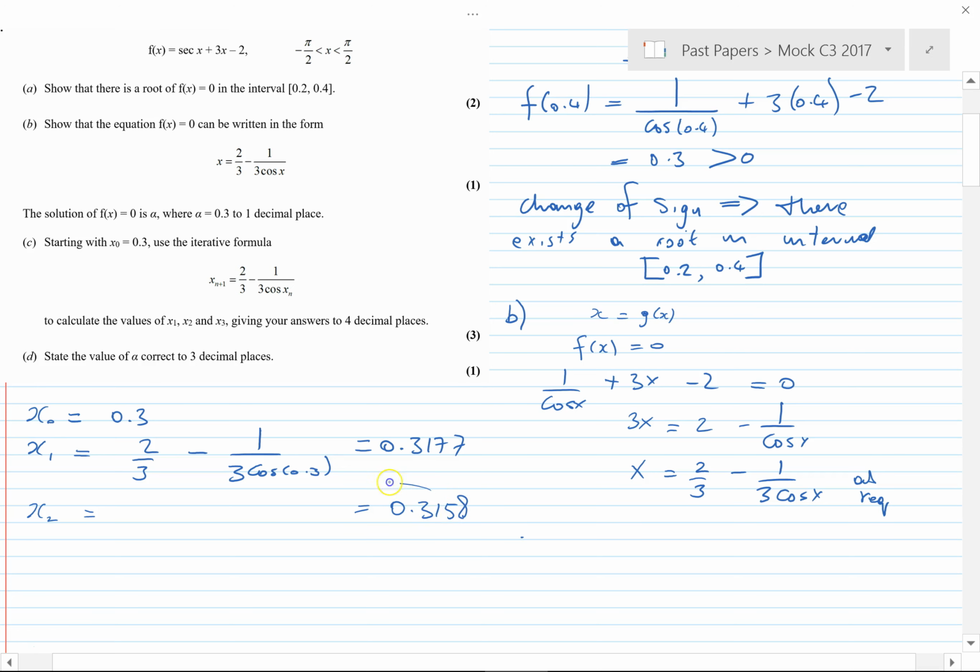And then again, we put that number into the formula. x3 comes to 0.3160. Okay, so those are our four values: the first one given, and then the three others that need to be calculated.